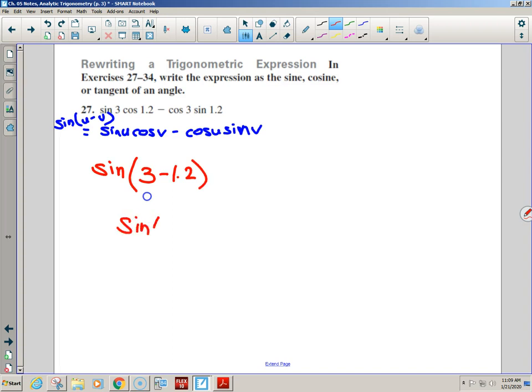I'm down to sine of 1.8. And to be honest, I can't keep going as far as doing that exactly. I don't know what 1.8 is as an angle. That's gross, but I can rewrite it as an expression of sine of an angle. I'm done. Nathan, the last one, 14?